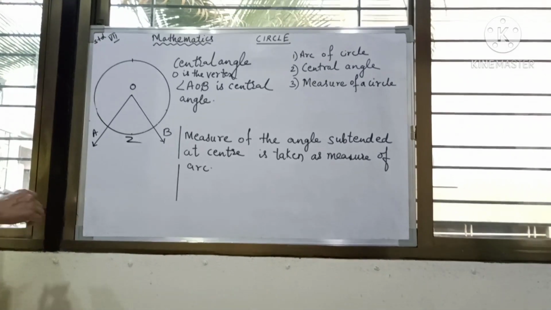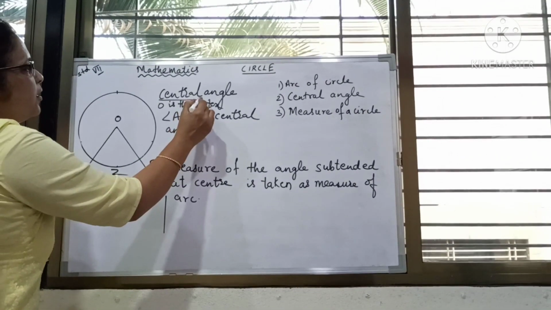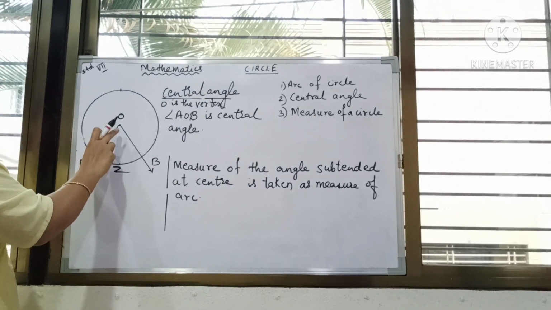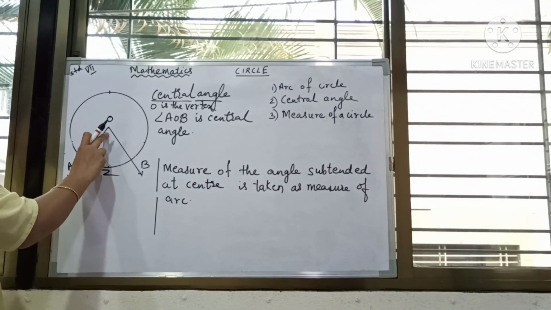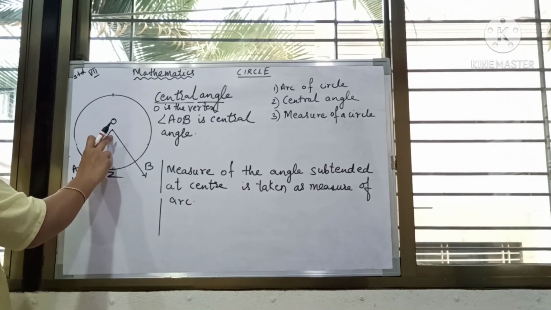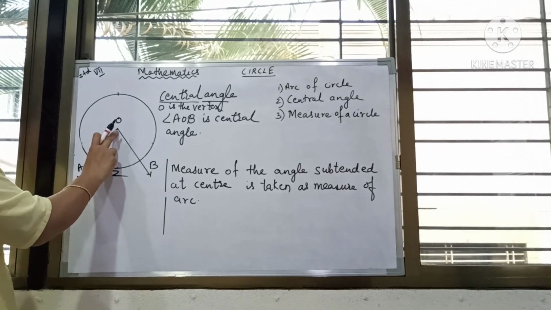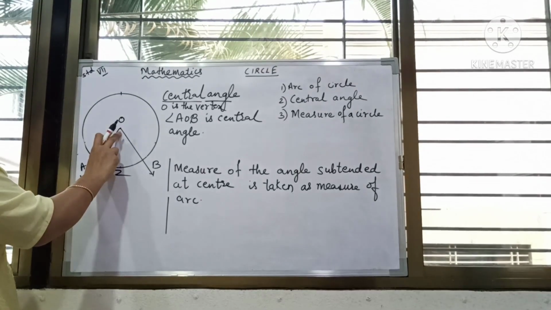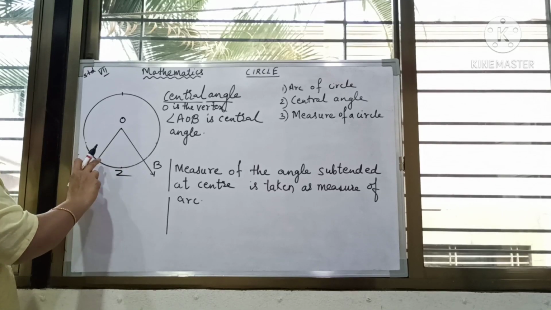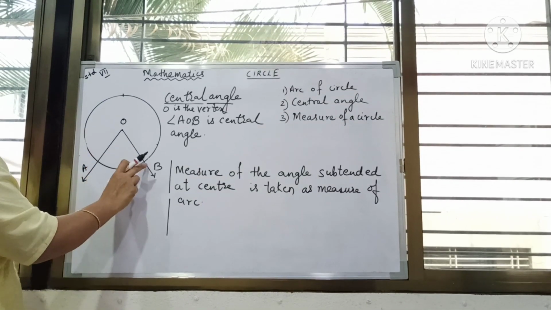Now we will move to the next part, that is the central angle. Here you can see O is the center of the circle. The angle whose vertex is the center of the circle is called the central angle.